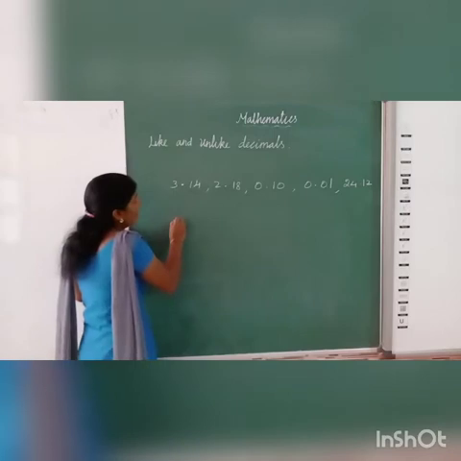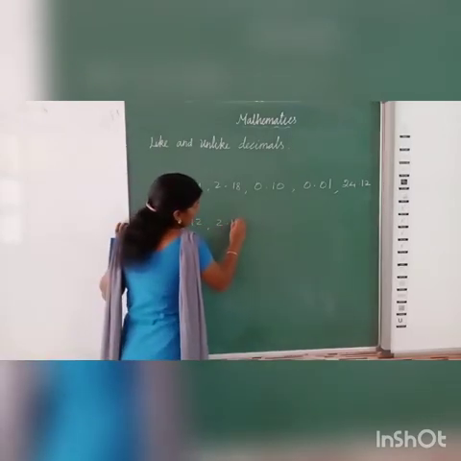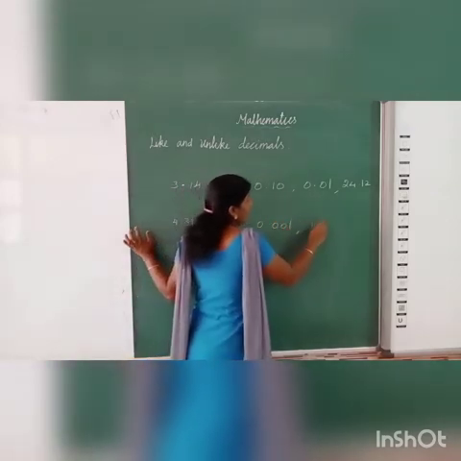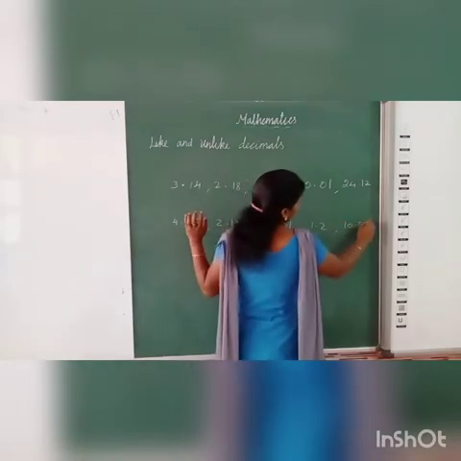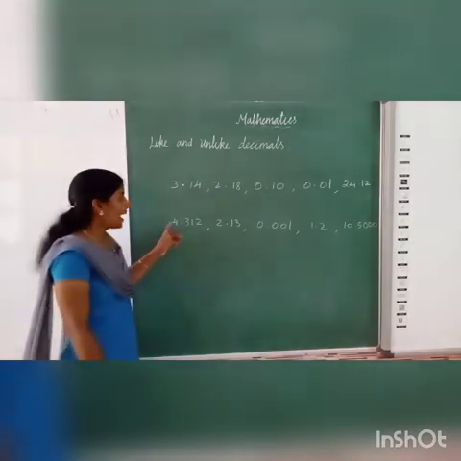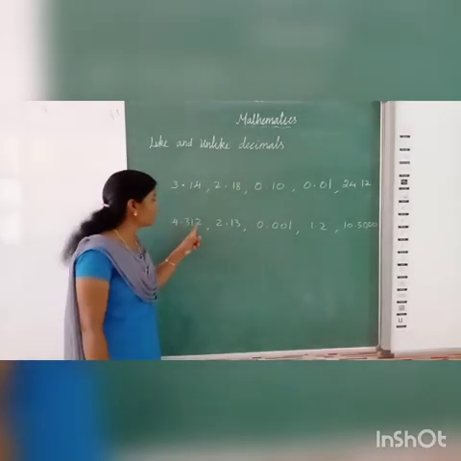Then 4.312, 2.13, 0.001, 1.2, 10.5000. Now listen, after the decimal point, here we have 3 digits, 1, 2, 3.